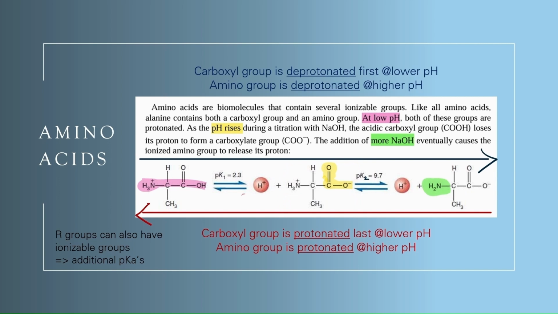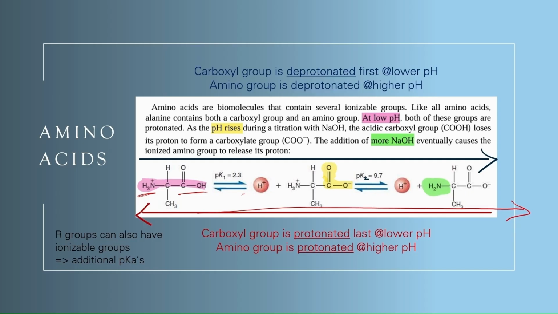You have low pH. You have acid and base groups being protonated, right? Now, at a very low pH, you don't have that many hydroxide ions, but you add more hydroxide as you go, so you're increasing the pH along this direction, okay?